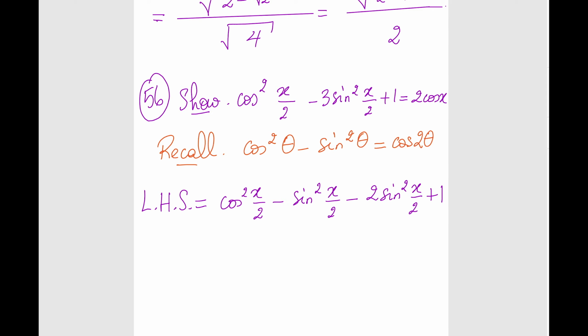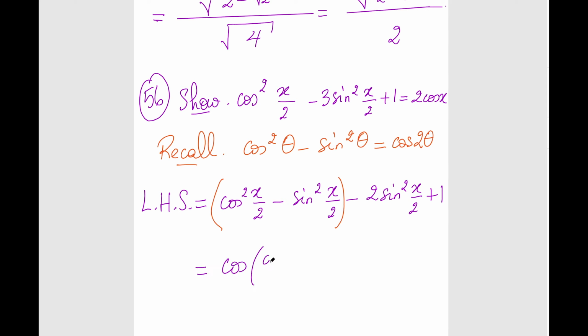Why did I do so? Because I just recalled this thing. Look now, don't you have a format like this? Certainly theta is x over 2 in this case. So this is of the form cosine squared of theta minus sine squared of theta, and this is cosine of 2 theta.